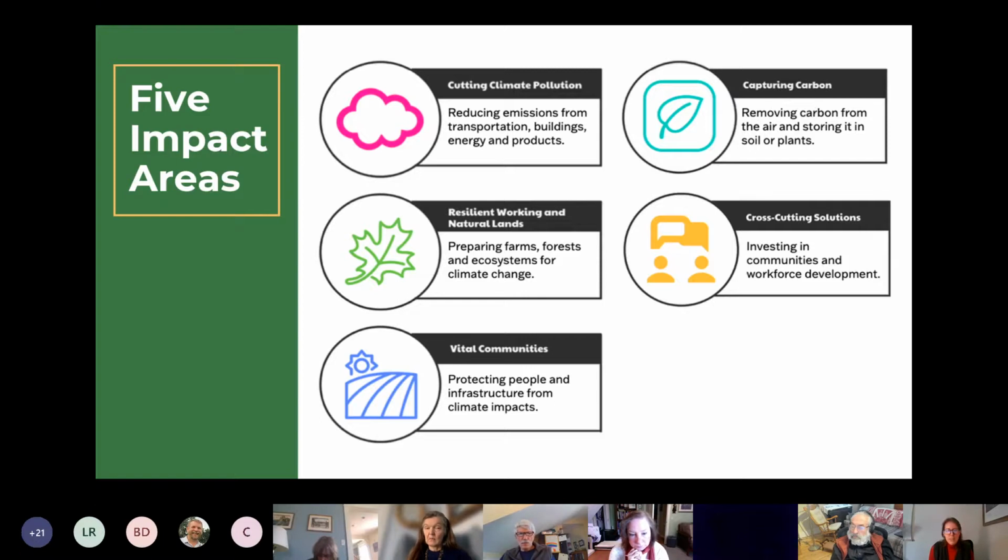Cutting climate pollution, so really reducing our greenhouse gas emissions statewide; capturing carbon, which really focuses on carbon sequestration and storage actions; resilient natural and working lands, so preparing farms and forests and our ecosystems for climate change; vital communities, so really thinking about our communities and the built environment and ensuring we're protecting those people and infrastructure from climate impacts; and then our cross-cutting solutions, so it focuses on workforce development, our compact settlements, and those types of issues that cross a number of these broader impact areas.